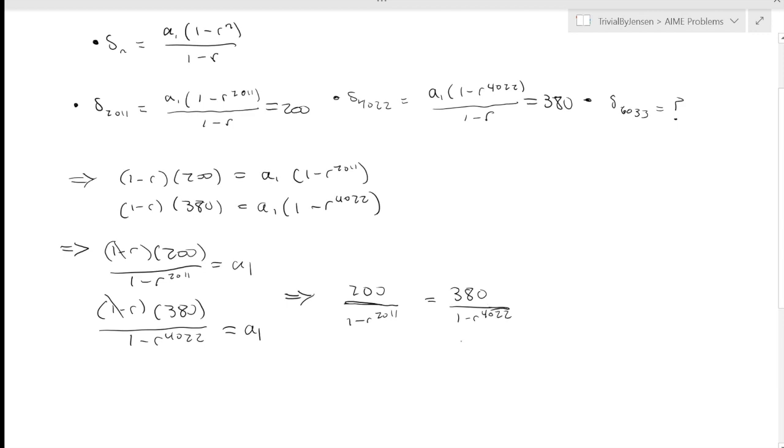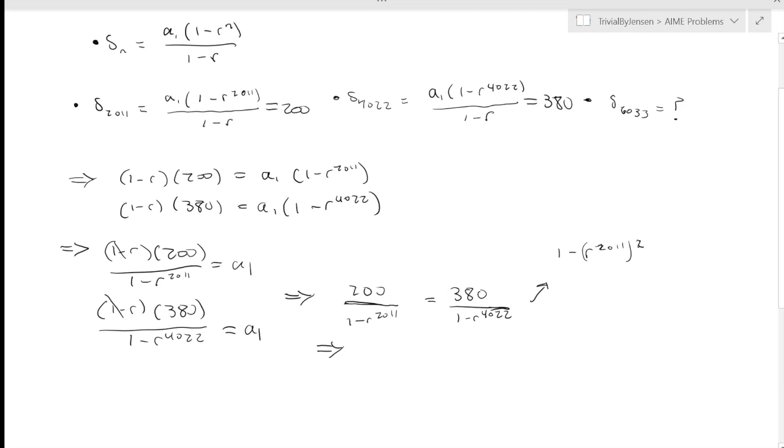Okay, and then the denominator on the right-hand side is actually a difference of squares, because this is really 1 minus r to the 2011, all squared. So we can factor it as a difference of squares.